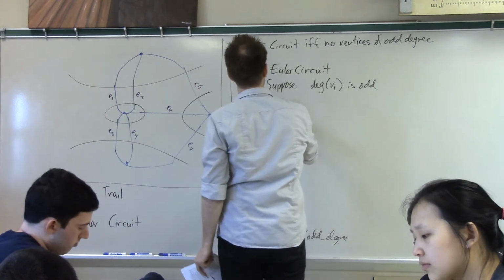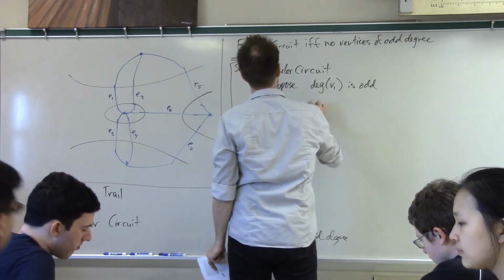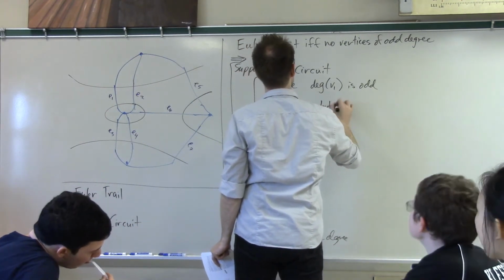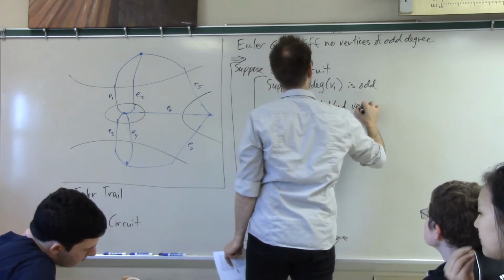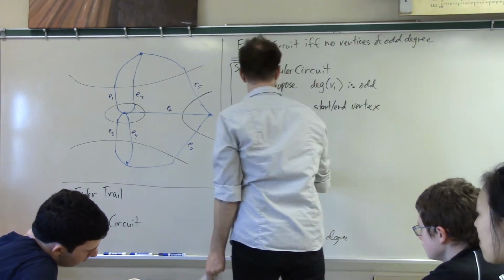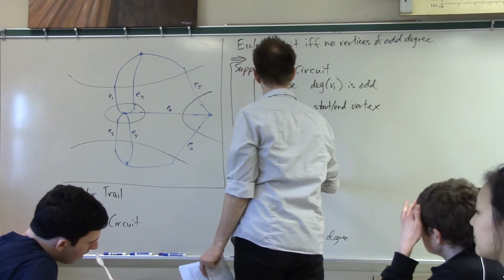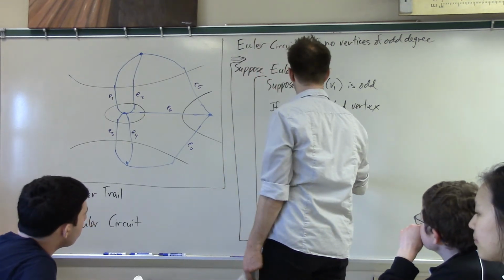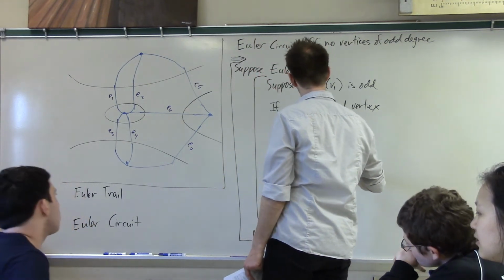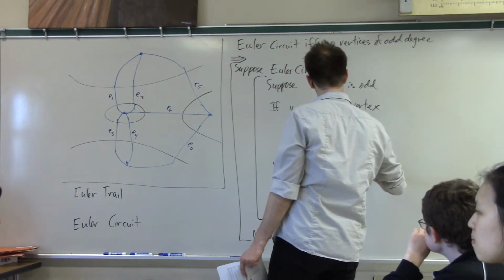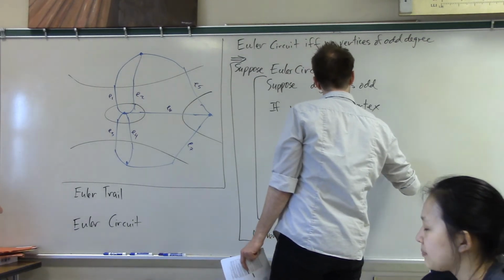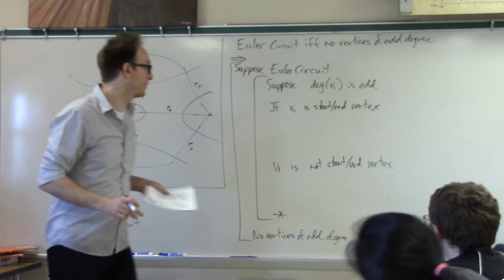So, if v1 is the start and end vertex, or if v1 is not the start and end vertex. Well, the argument is basically the same for both of them, right?